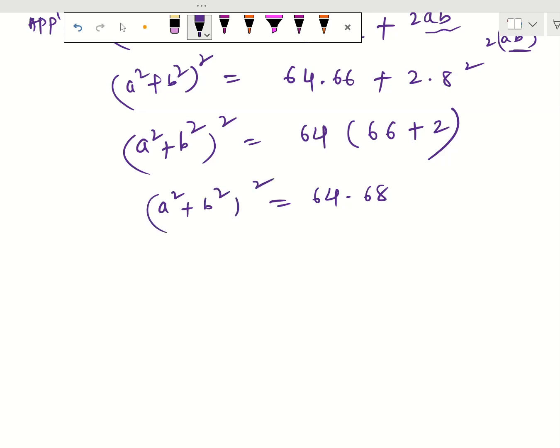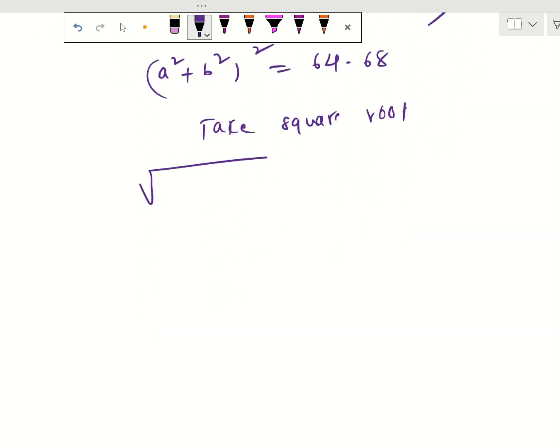So now we can take square root on both sides. Square root of (a square plus b square) whole to the power of square, and the square root of 64 into 68.